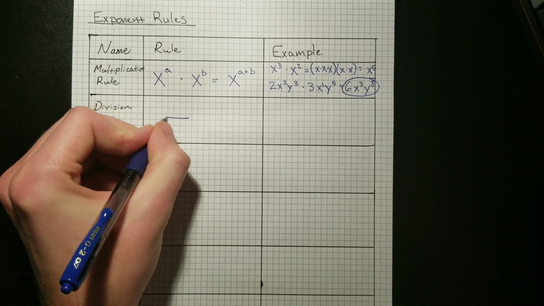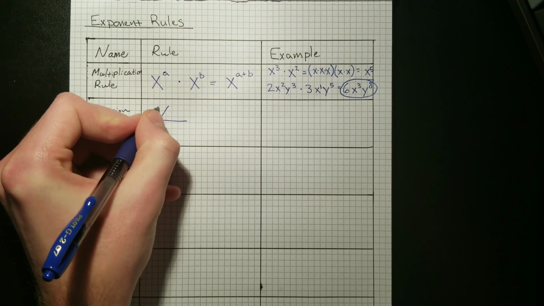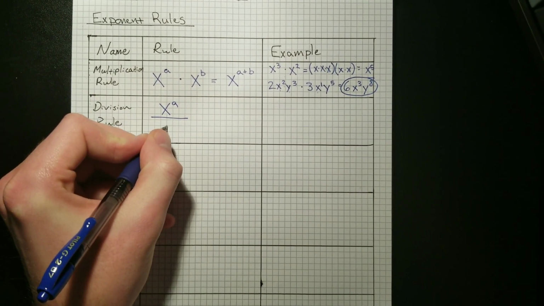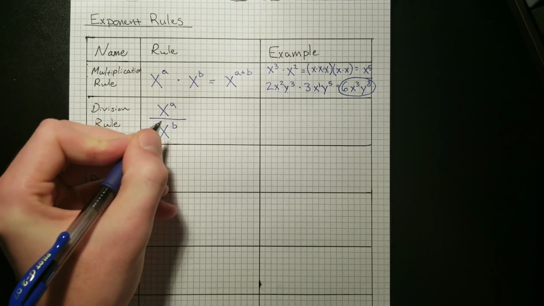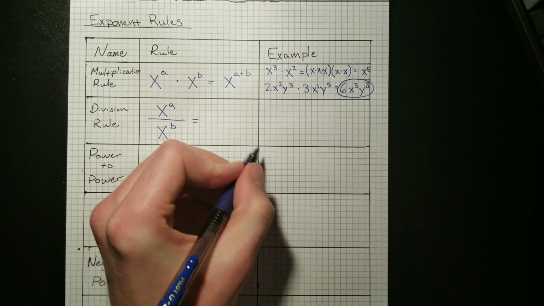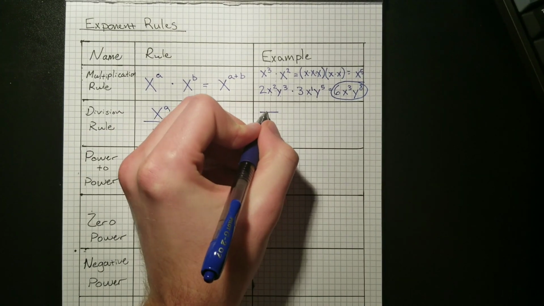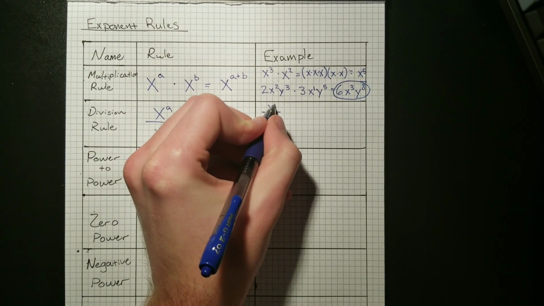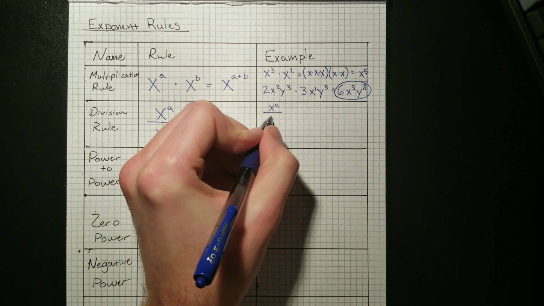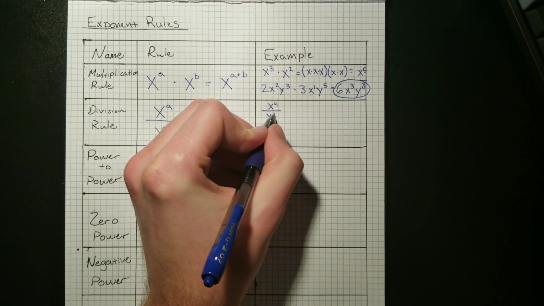Let's talk about the division rule. The division rule is x to the a divided by x to the b. What's that equal to? I bet some of you might have a guess, but let's use an example. Let's say we had x to the fourth divided by x to the 1.